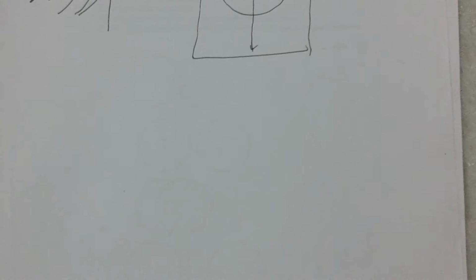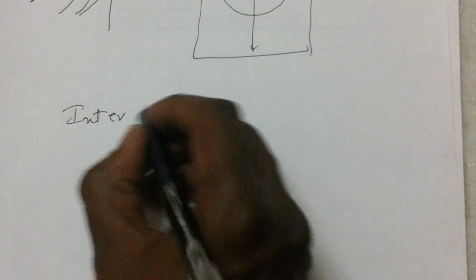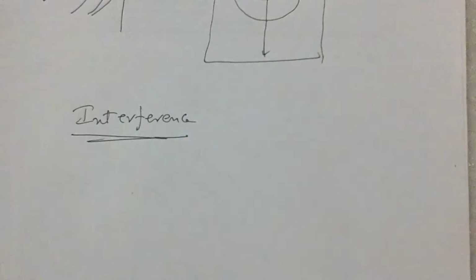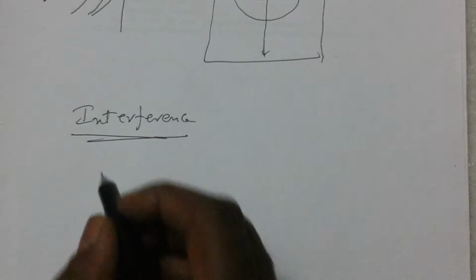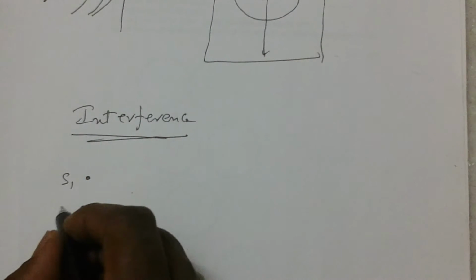Now if you go to discuss interference, we have to have two coherent sources, S1 and S2.